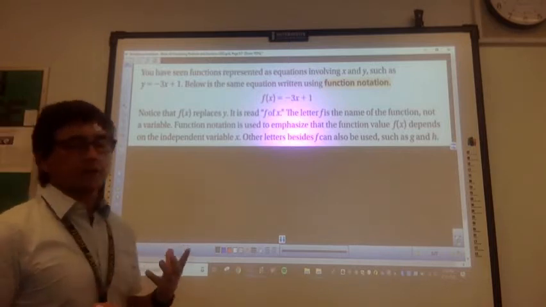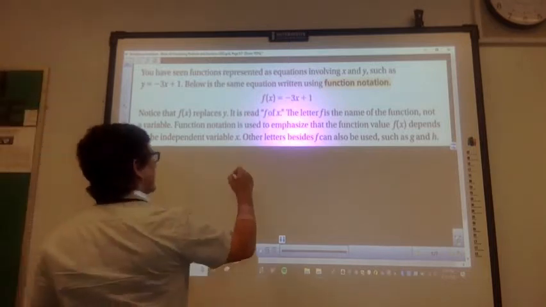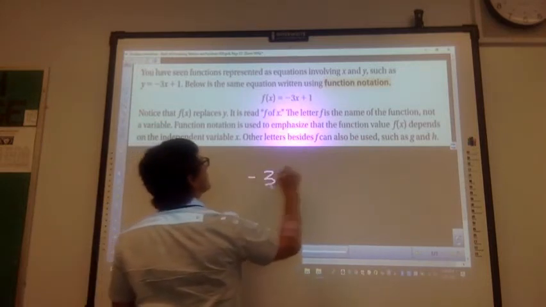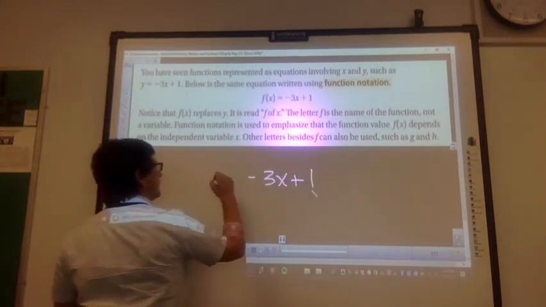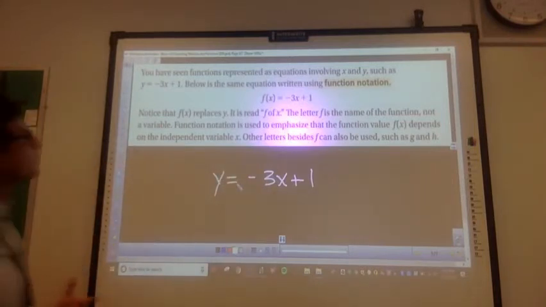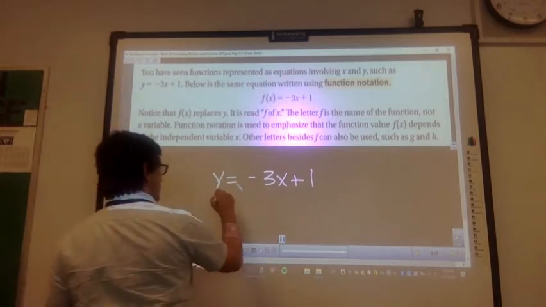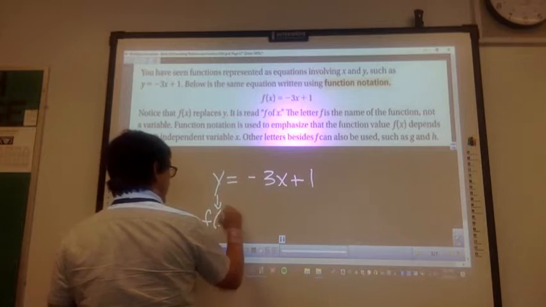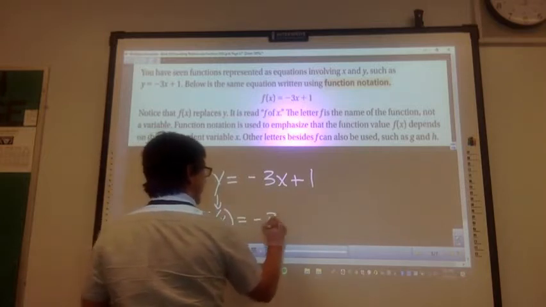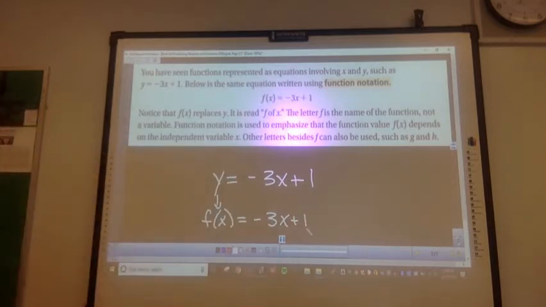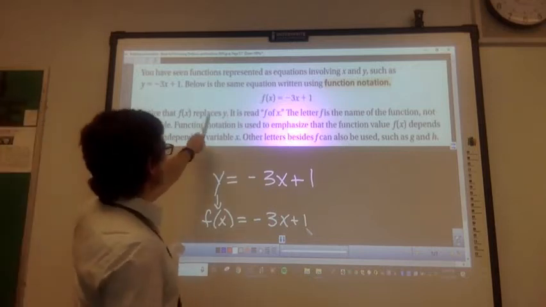Okay, so function notation. We have this equation, negative 3x plus 1. You guys would always write that as y equals. With function notation, we just simply replace that y with f of x, and it equals the same thing. I copied this because I like what they say. Notice that f of x replaces y.